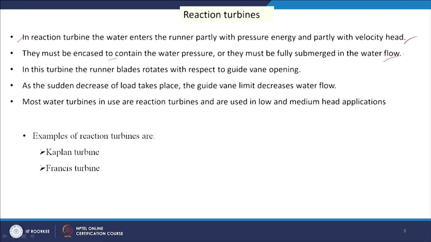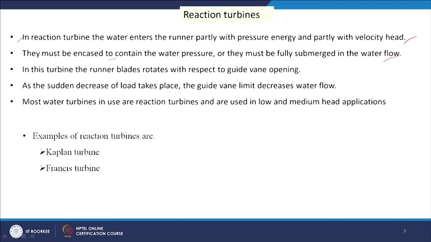In this turbine the runner blades rotate with respect to the guide vanes. The guide vanes control the flow, and that flow controls the speed of the blade. As a sudden decrease of load takes place, meaning the turbine needs fewer RPM, the guide vane limit decreases the water flow.